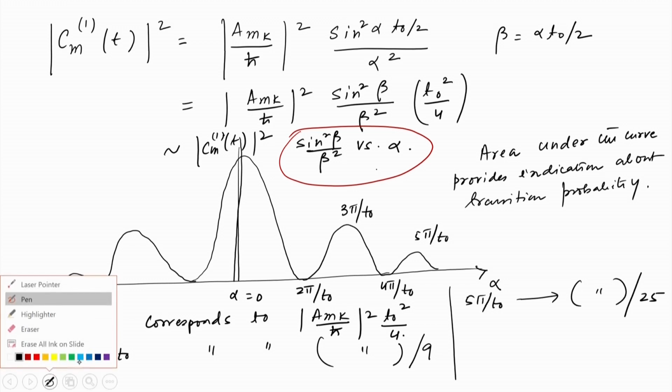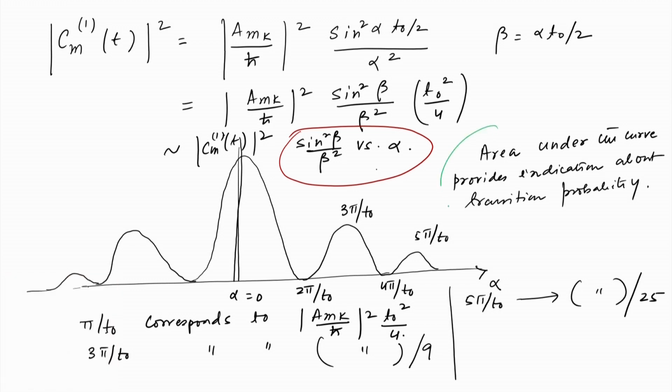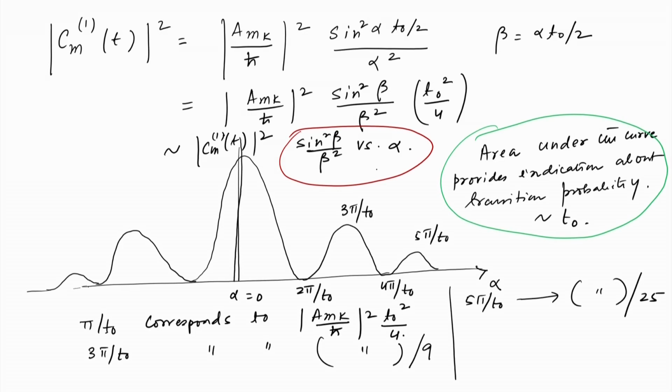So that is the transition probability, which goes as of course, as t 0. All right. So, let us just give a physical picture of what is happening.